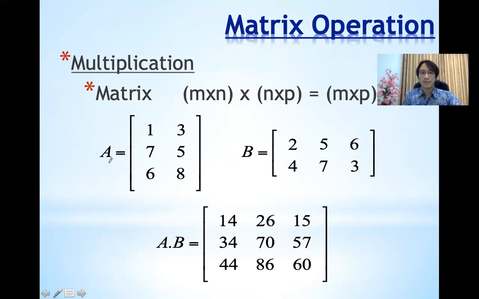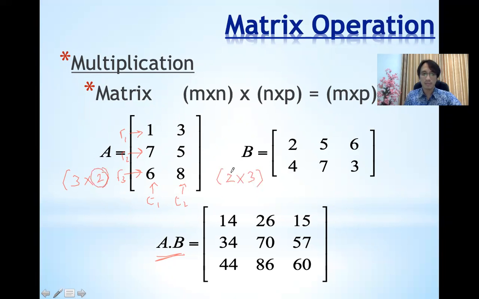For the matrix A times B, the matrix A has an order of 3 times 2: 3 rows, 2 columns. Row times column. And for B, it has 2 times 3. You see?